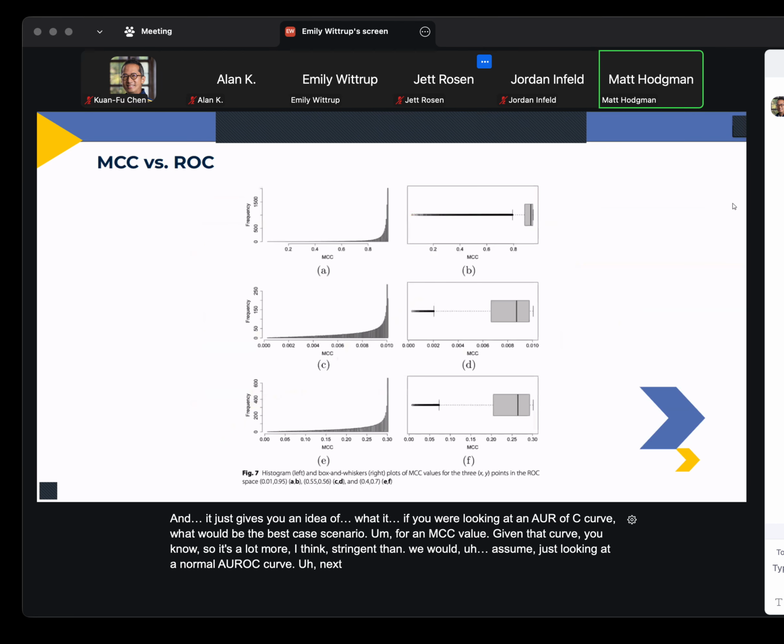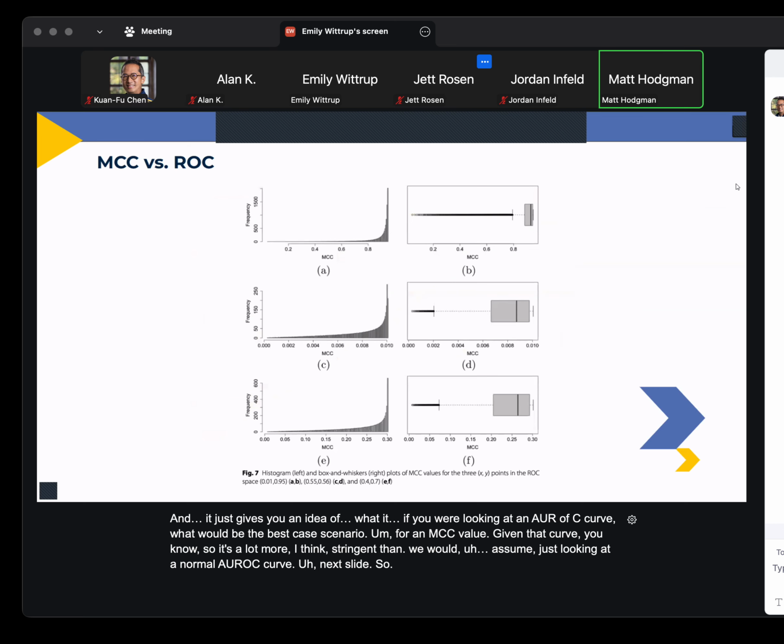Next slide. So they also picked 3 different points on that previous plot, in different areas of the plot. At the bottom, there's a point in the top left corner, one kind of in the center, and one in between those two. And these subplots A and B, C and D, E and F, those pairs on the rows, are showing the same data, just in a histogram versus box plot.